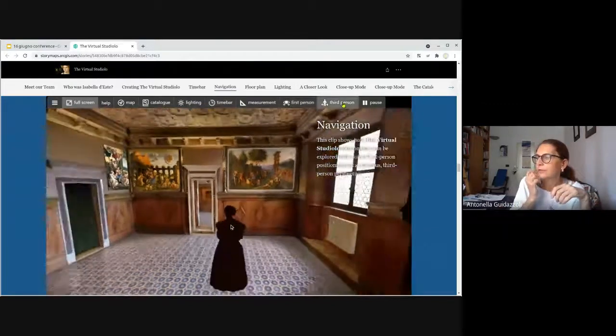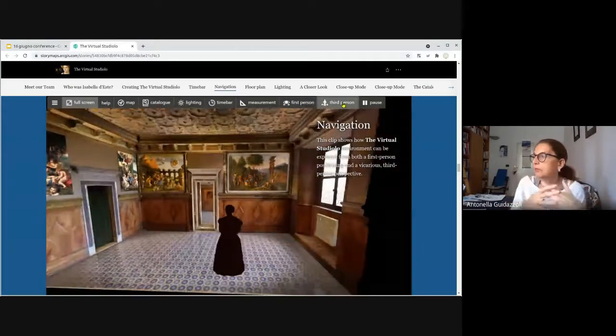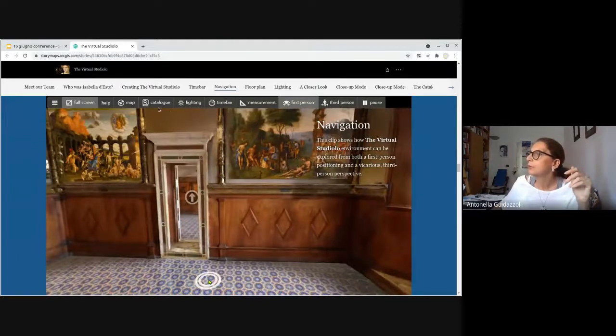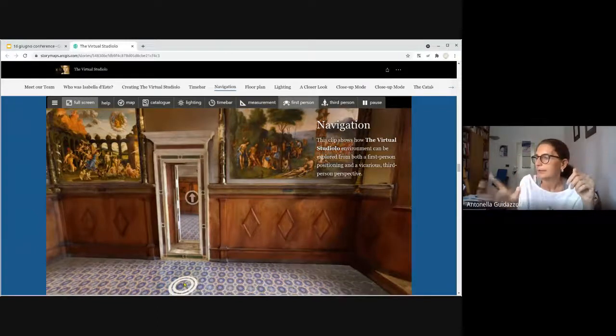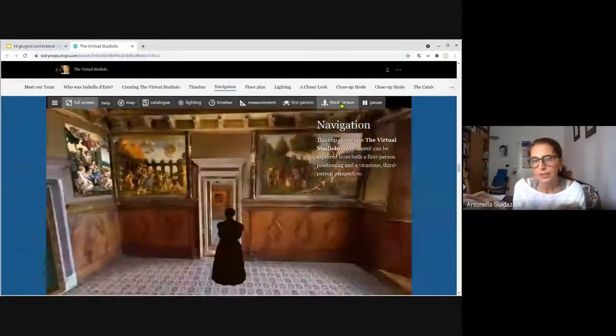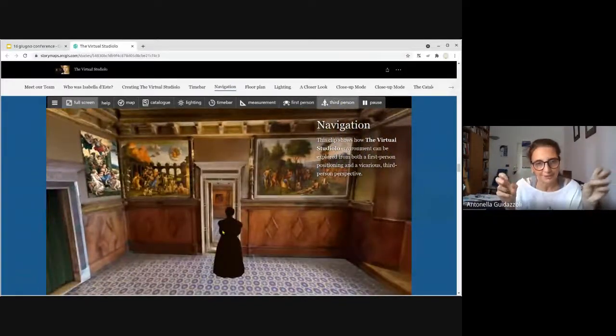We have different kinds of features, and we can explore this environment. I let the story map go. So the idea of this application is to be philologically correct.